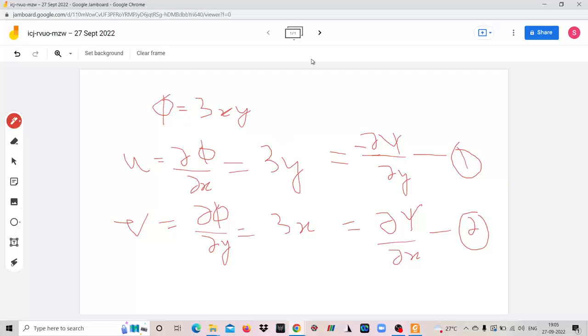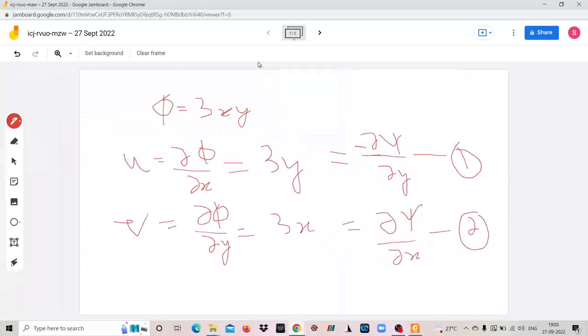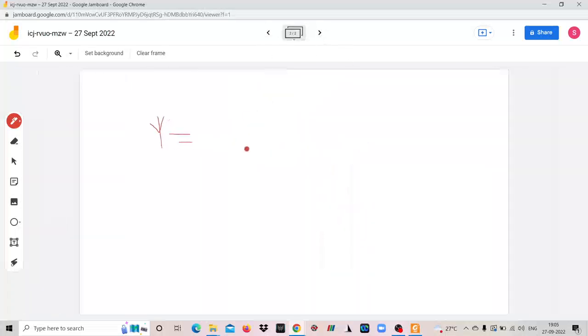Now, what is psi basically? If you take equation 1, psi will be equal to minus of integration of u delta y.